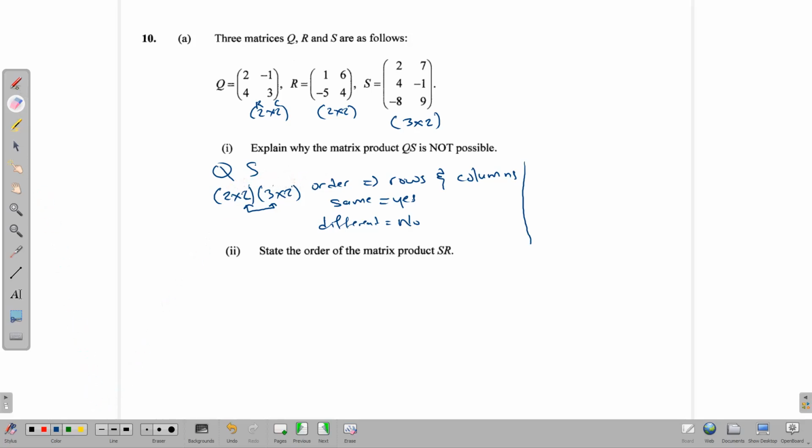All right, so let's write it again. So this is a row, this is a column, this is a row, this is a column.